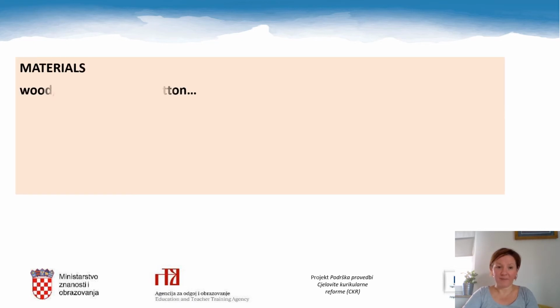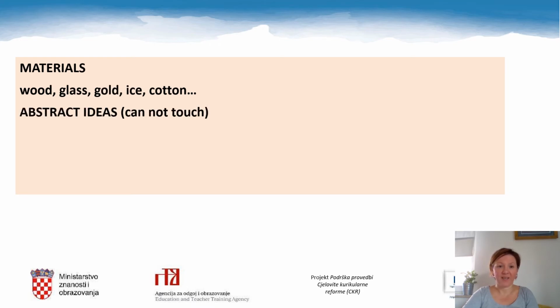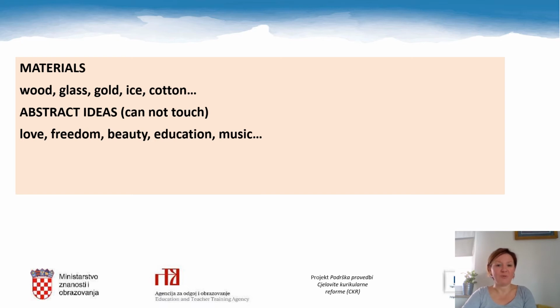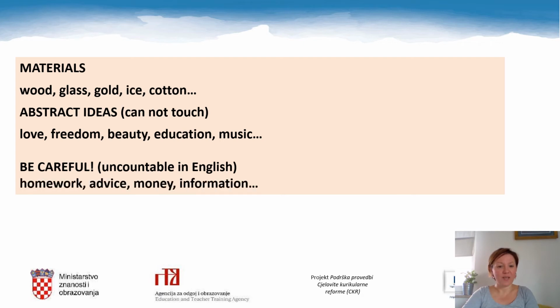Different materials like wood or glass or cotton. Then abstract ideas like things you cannot touch, like love or freedom or education, music. And be careful, the words homework, advice, money, information, and some more are uncountable in English.